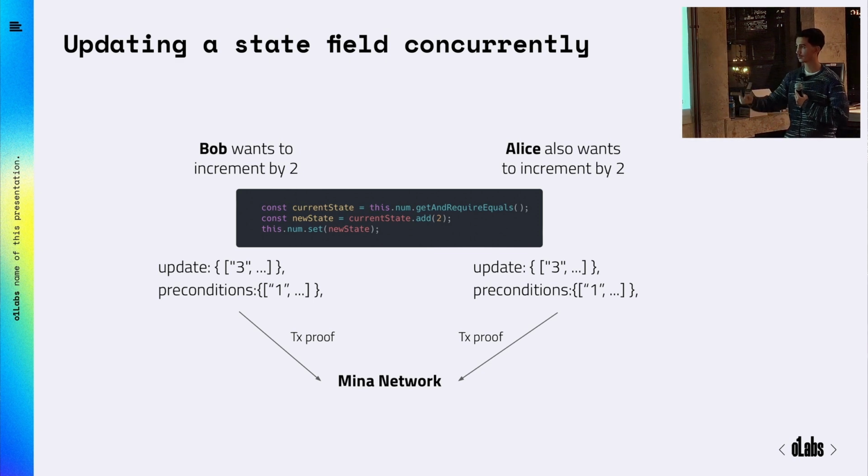The problem is, when the network applies the first transaction, the state field will be 3. Then it will try to apply the second transaction, and the precondition will not be met because the value is not 1, but 3. So the second transaction will fail. What this means is the throughput is limited to only 1 state update per block, which is not good.